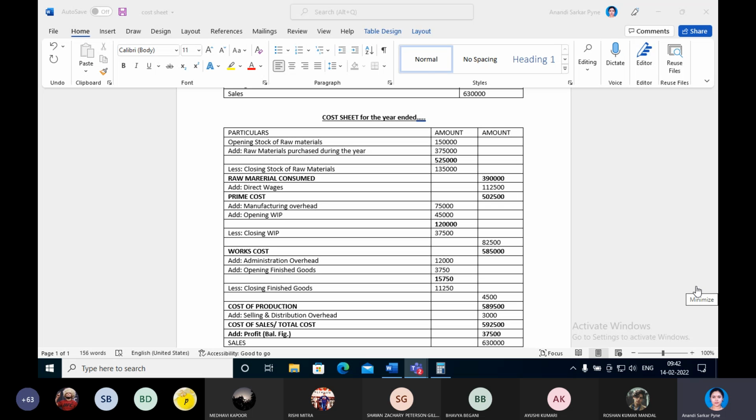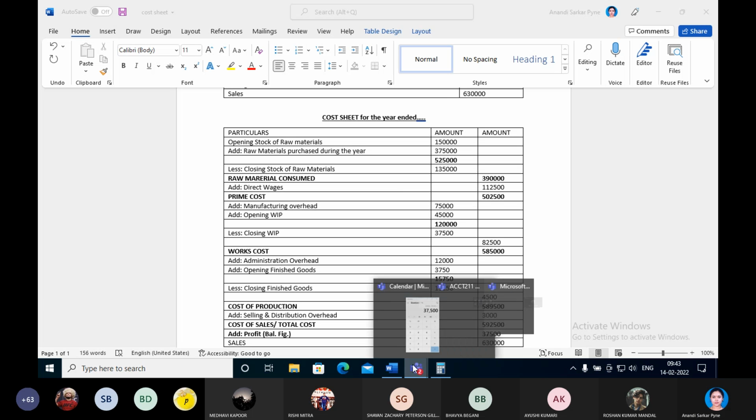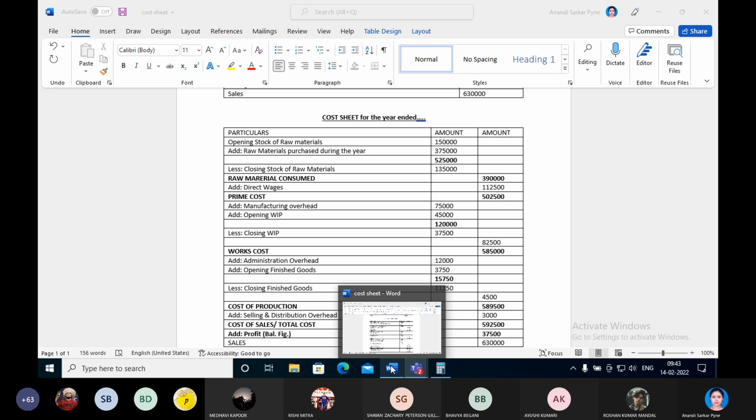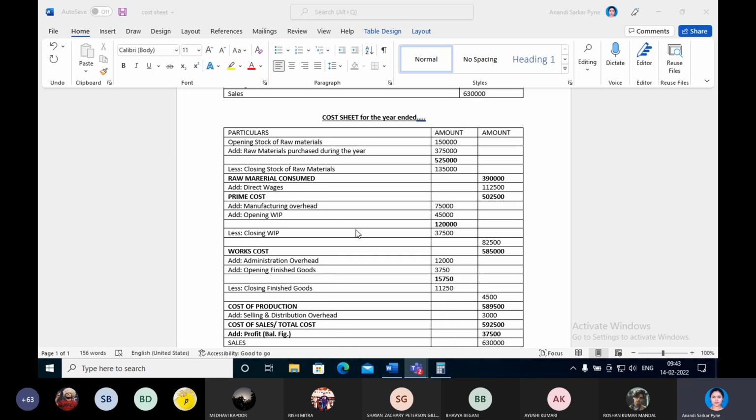This is the basic problem. Understood? Any student for whom the concept is not clear, let me know. If yes, then I will move to the next type of problem.